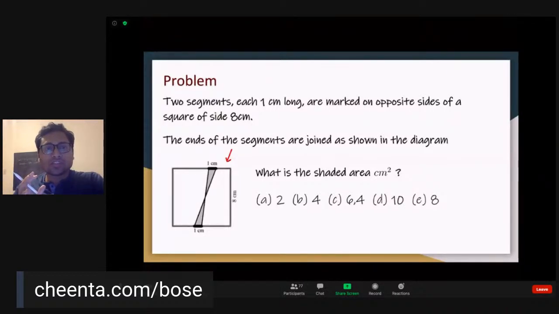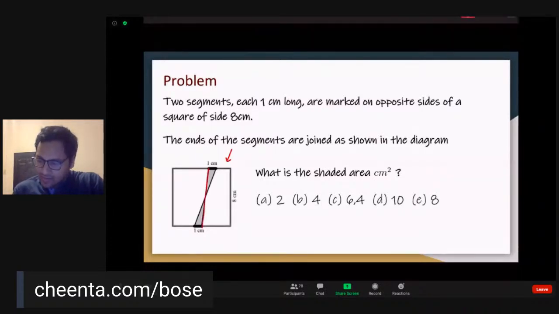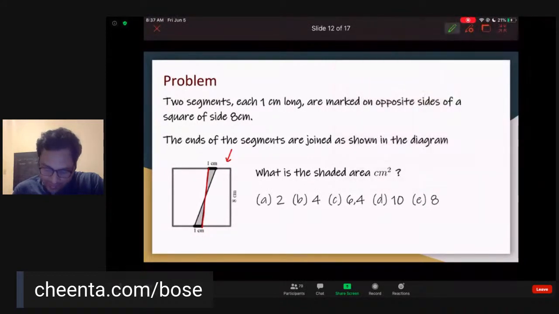And what you want to do is join the segments as in the diagram. So here you go. This is the red one, and maybe I can change the color a little bit.